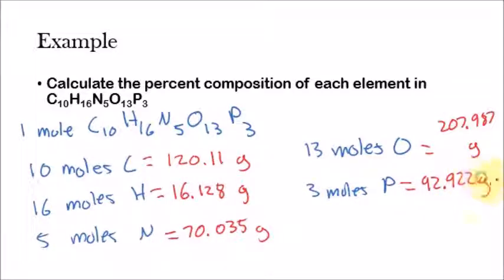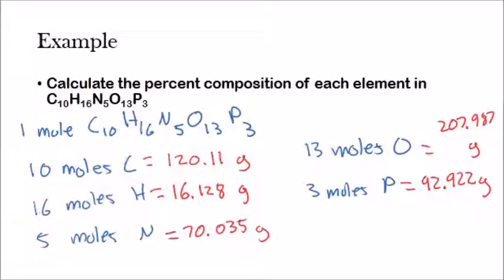Okay, so from here, let me open a new tab. We can find the percent composition of each of these elements. Let's start with carbon. So first let's calculate the molar mass. So we're going to have to first add all these numbers together. I forgot about that.